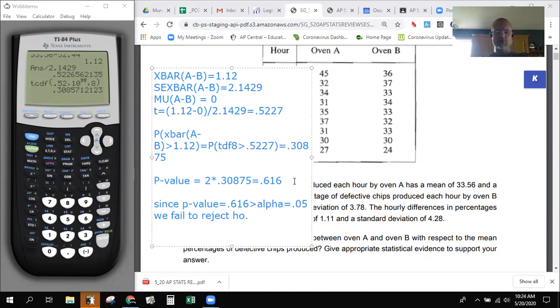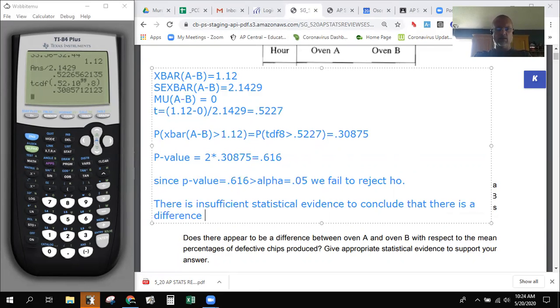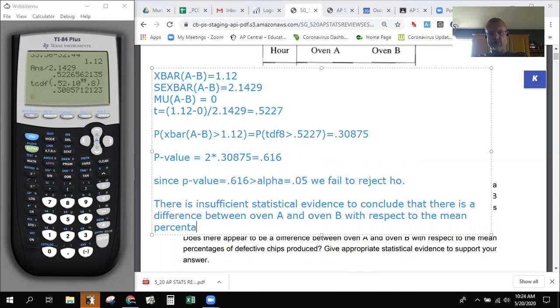Right? So now we have to put it in context. There is insufficient statistical evidence to conclude that there is a difference in mean defective, let's see, right here: does there appear to be a difference between oven A and oven B with respect to the mean percentages of defective chips produced?